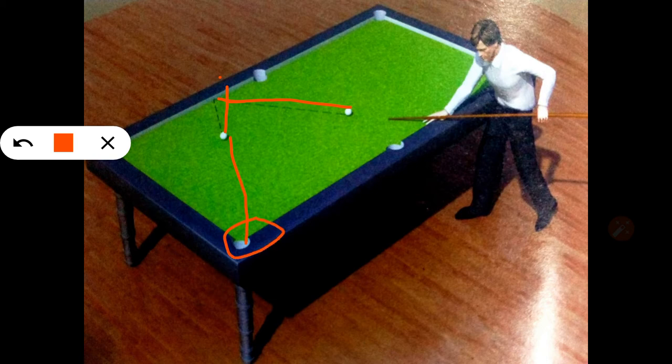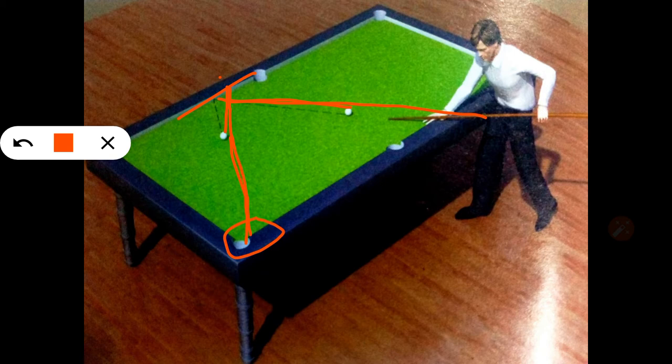Now this scenario you're seeing is the same thing as what happens in a mirror. When the light shines from this direction, it hits the mirror at this surface and then it reflects towards this direction.